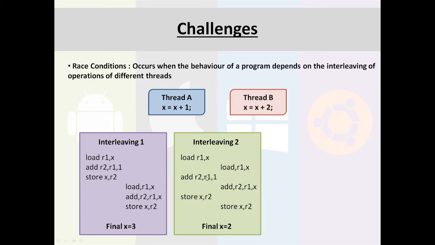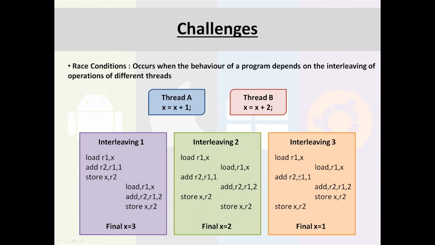We would then add 1, so that would be 0 plus 1. And then again here we would have a 0 plus 2. And we would store the values, and this would store 1 here, and then this would store 2 here. So you can see the final result would end up as x is equal to 2.